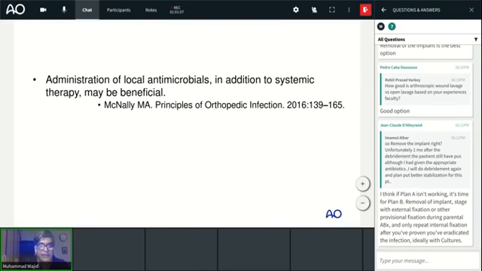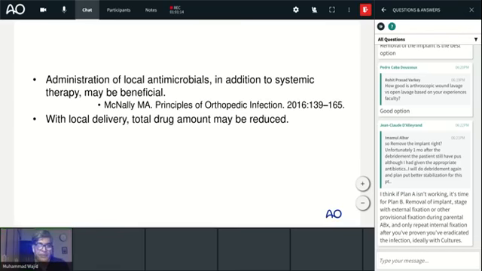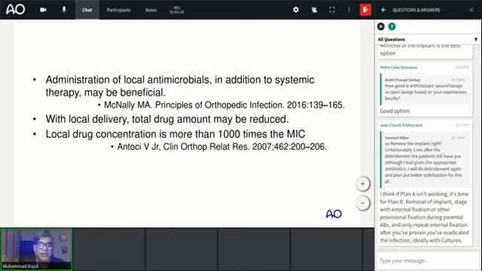How can we deliver that? With local delivery, it may reduce the total drug amount which has to be delivered through the system, and it leads to increased local concentration up to 1,000 times the minimal inhibitory concentration of antibiotic required for the stoppage of the growth of microorganisms.